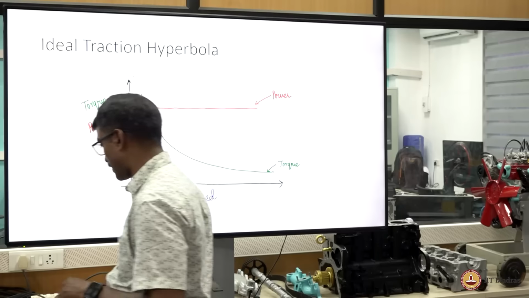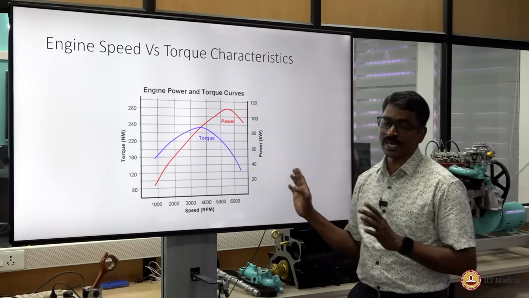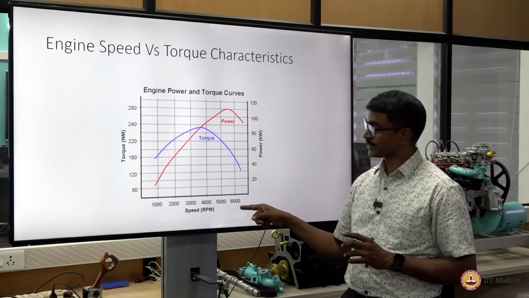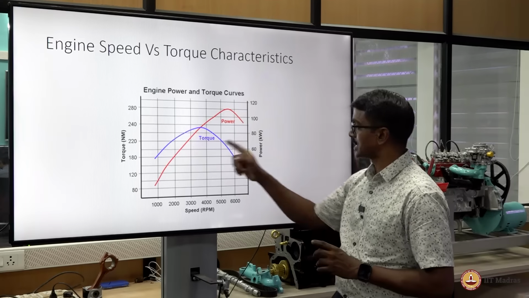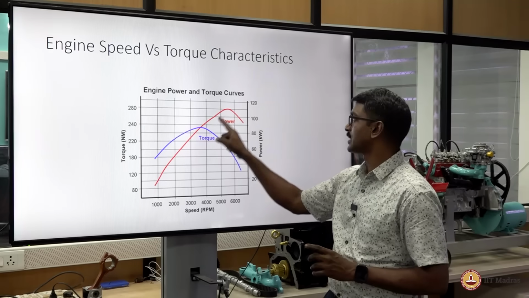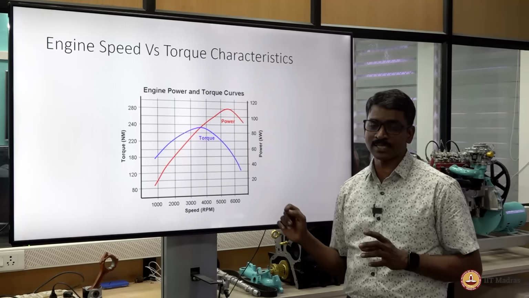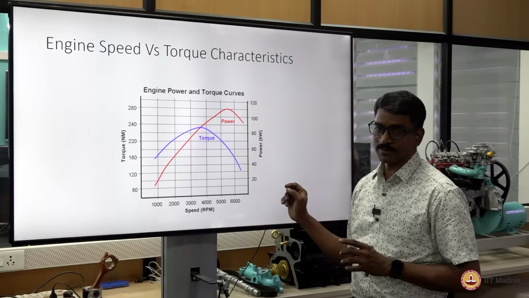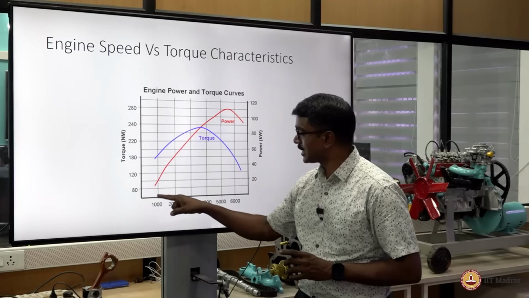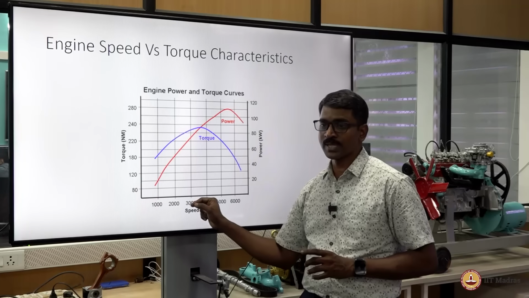But what is happening in an IC engine? If you see a typical IC engine torque profile, this is speed on the x-axis. On the y-axis, there are two curves: torque in blue and power in red. As you see, in the IC engine there are three demarcations I wish to explain here. First, there is no torque or power at near zero speeds of the IC engine.